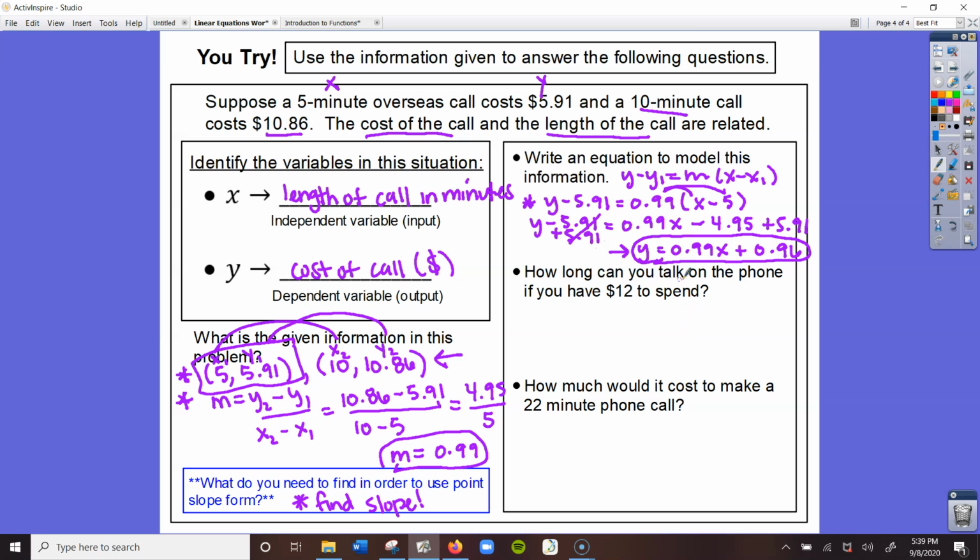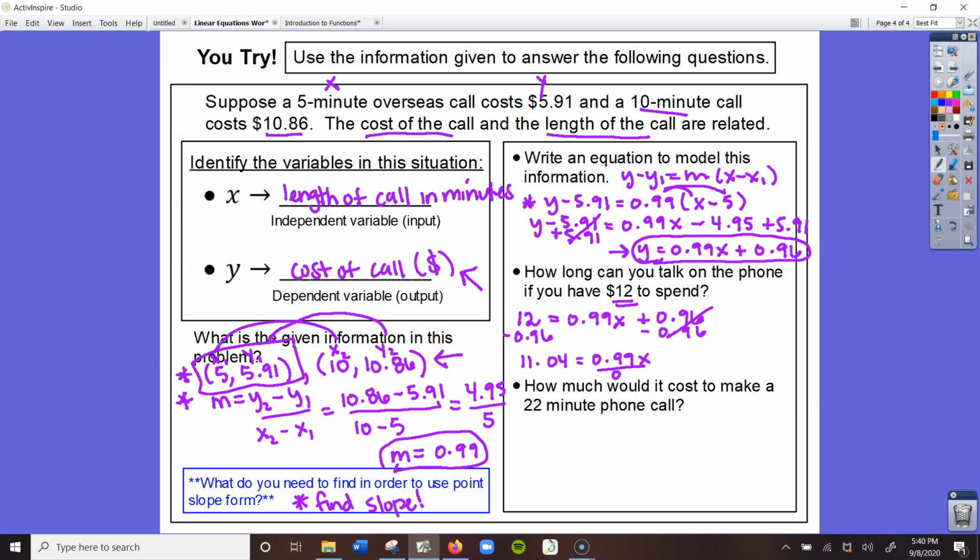Now we're going to use this equation to answer these follow-up questions. How long can you talk on the phone if you have $12 to spend? Since 12 is money, that must mean that we're going to plug it in for the y value. So we would use our equation and substitute y with 12. So 12 is going to equal 0.99x plus 0.96. And now we solve for x. Our first step would be to subtract this 0.96 from both sides. When we do that, we get 11.04 is equal to 0.99x.